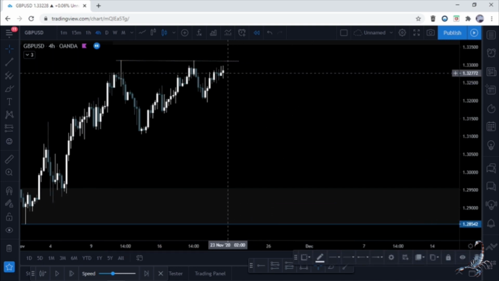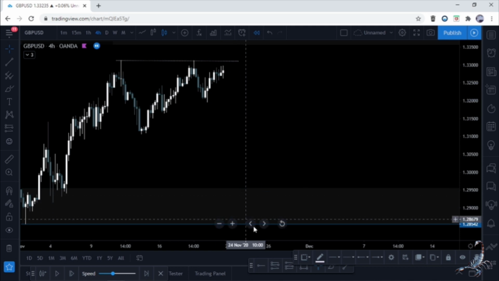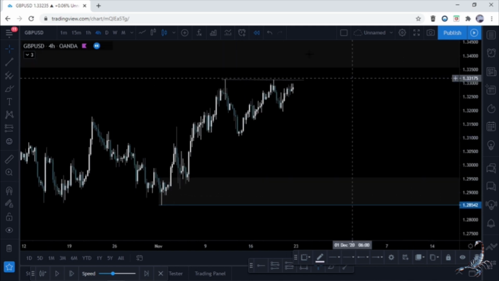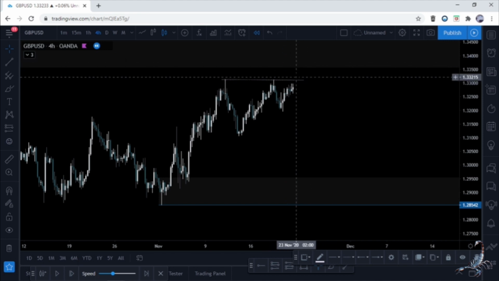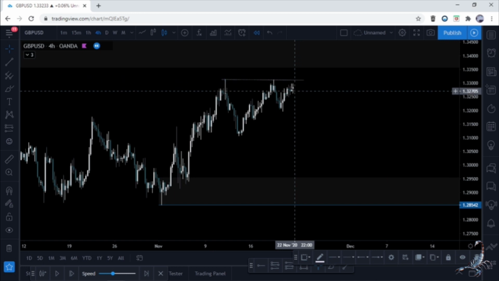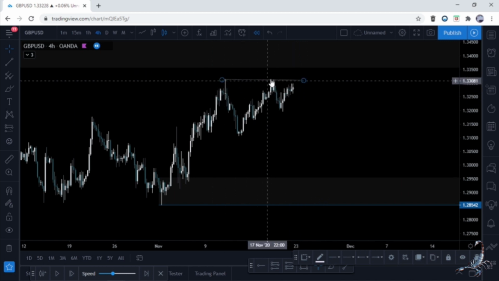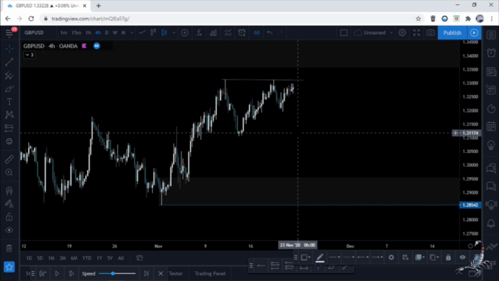So what I'm looking for is for the institutions to mitigate these orders and then price to continue down, and if that happens, that'll be in confluence with the daily order block, because there's a daily order block. So the price will mitigate these stop losses. All the people that are selling will get taken out because they see this as resistance and a double top pattern. Price will tap into the institution order block and drop. So that's what I was looking for.